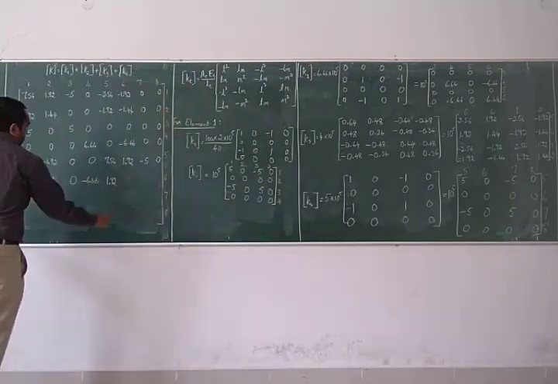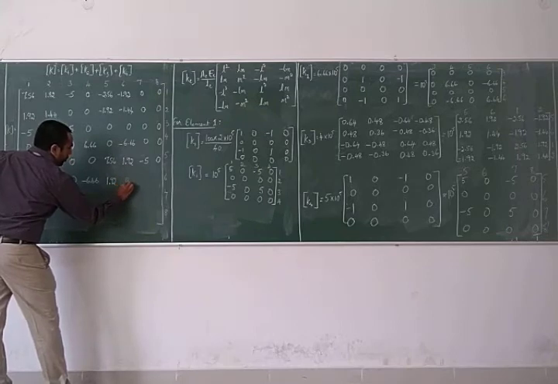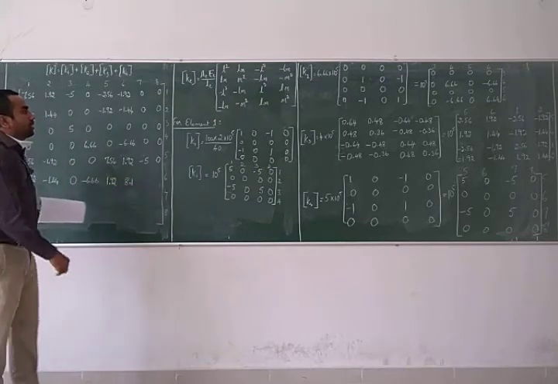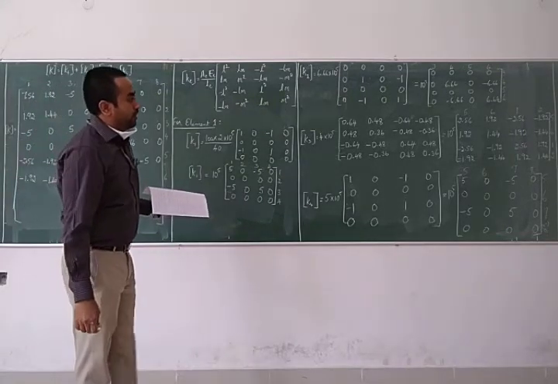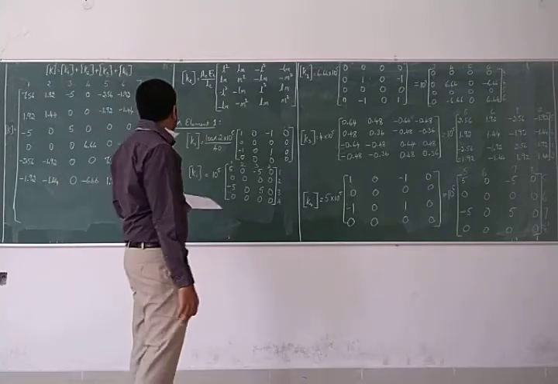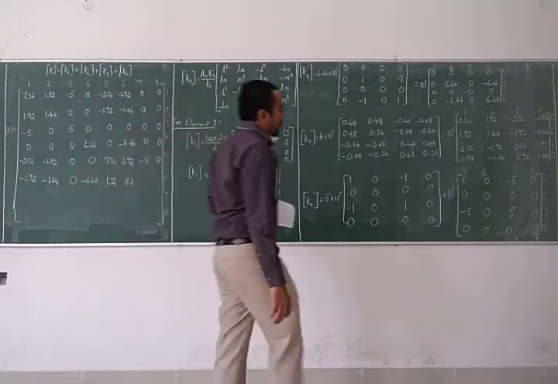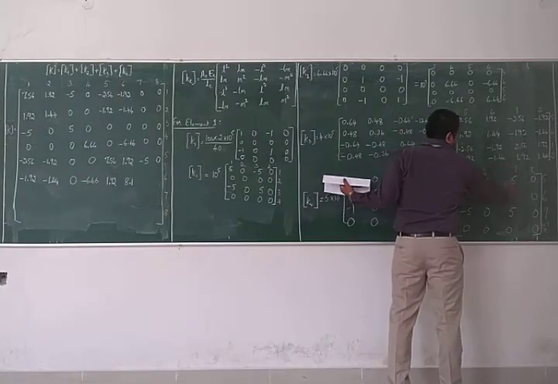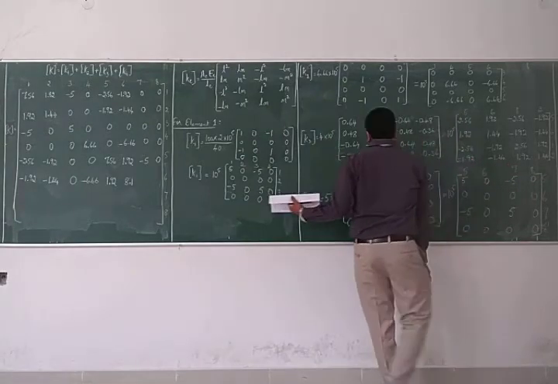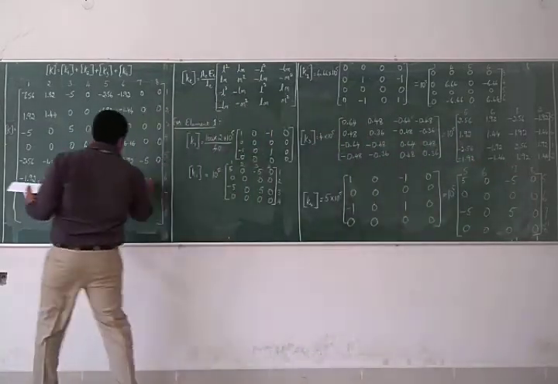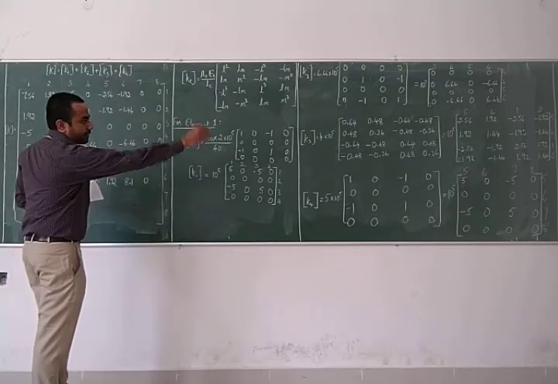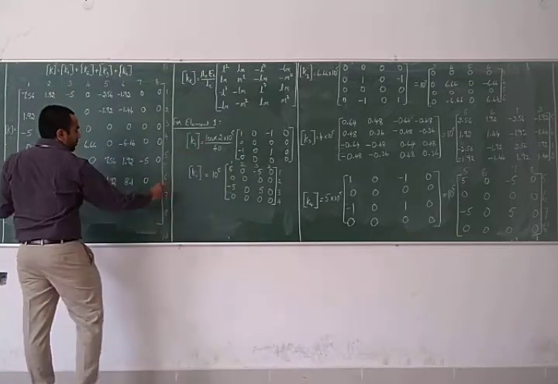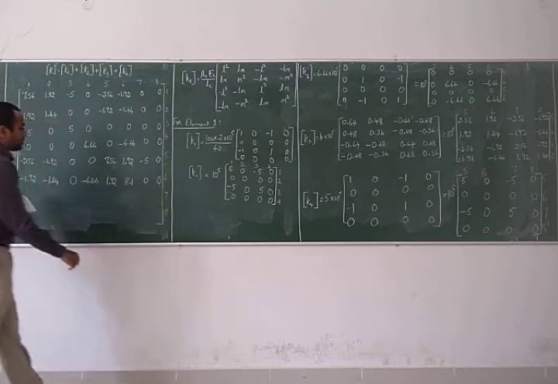This will be 8.1. Next, seventh degree of freedom column and sixth degree of freedom row, but the value is 0. So 0 will be written. Similarly, eighth degree of freedom column and sixth degree of freedom row is 0.